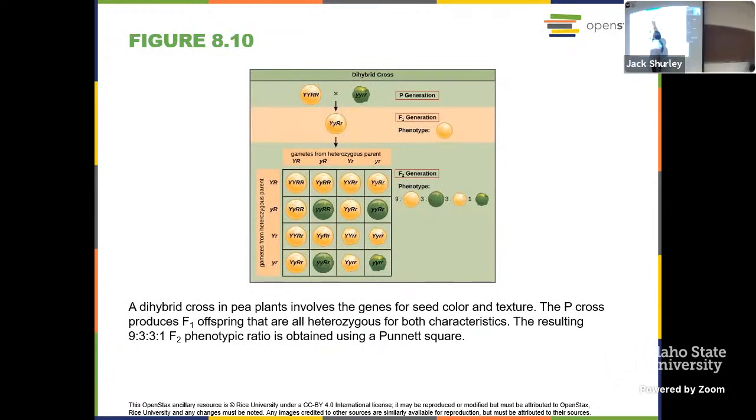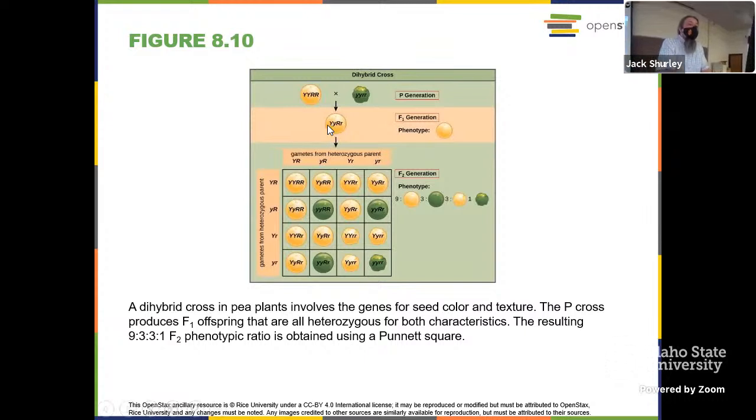So now we cross these 2, and what we get is a hybrid, a heterozygote, and it is one that has the mixture, all right? But it still looks yellow and round. So if we look at the alleles, there's a capital and lowercase y and a capital and lowercase r. It's heterozygous, all right? So those respective alleles that we can have.